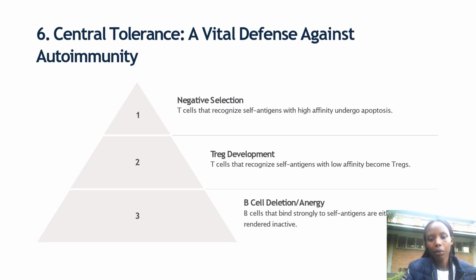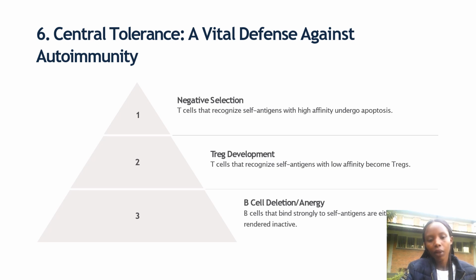And then the second step is Treg development. T cells that recognize self-antigens with low affinity become Tregs.